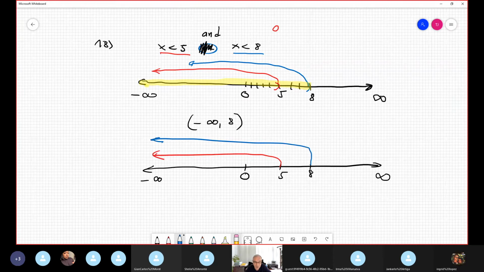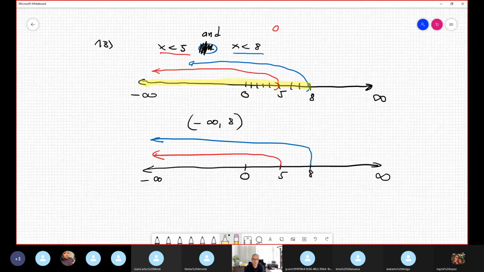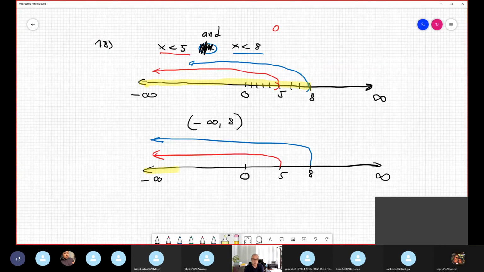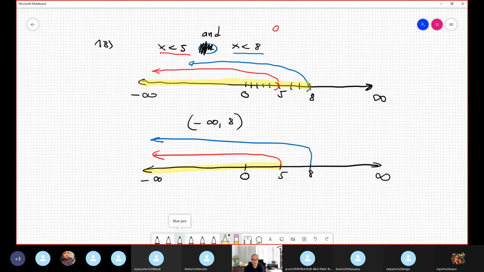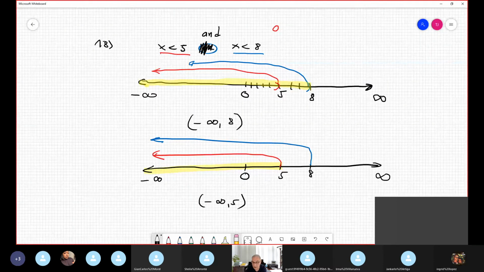What is the part that both intervals, red and blue, share? It is from negative infinity to what number? Stop where? Stop at 5. Very well. Because the red is totally inside the blue. So the answer for and is from negative infinity to 5, not including 5. Do you understand this very well? Sure? Okay. Good.